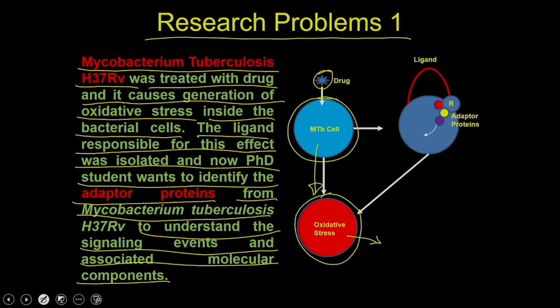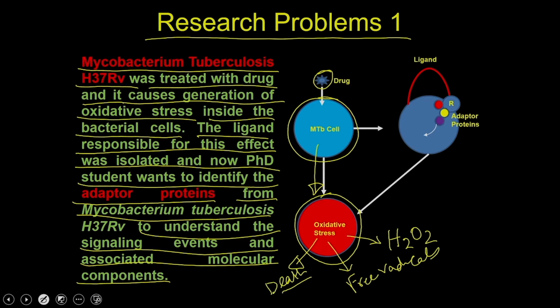Oxidative stress means the cells are producing very large quantities of hydrogen peroxide, superoxide radicals, hydroxyl radicals, and other free radicals. If you do not control the oxidative stress for a very long time, it is going to bring about the death of the bacterium.